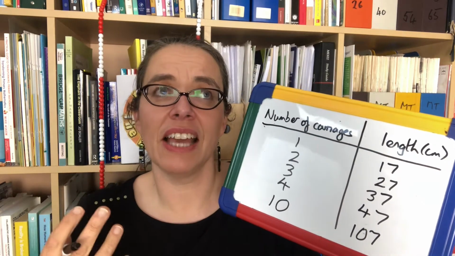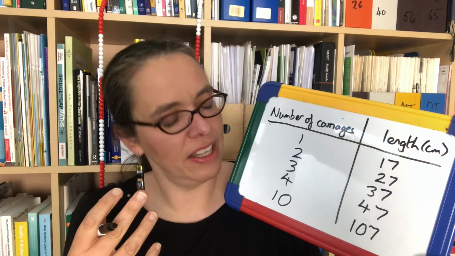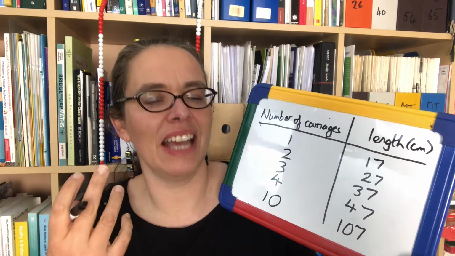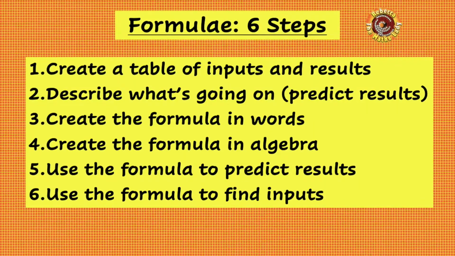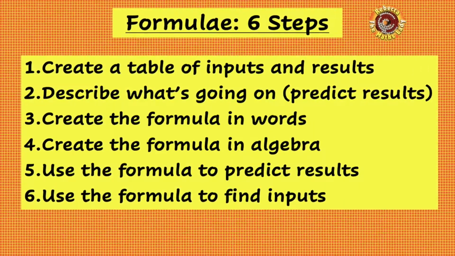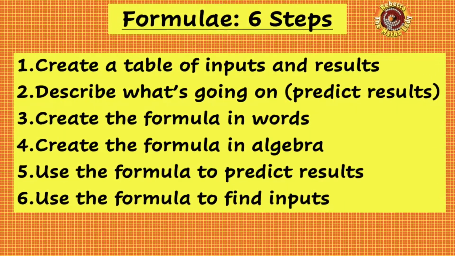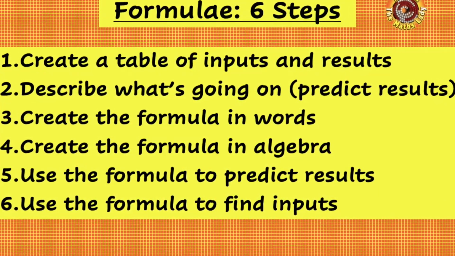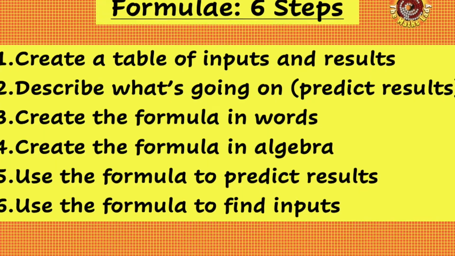And they're beginning to have a sense that you need to multiply the number of carriages by 10 and add 7. So step 3 would be to clearly write down that relationship in words: to find the length of a train, multiply the number of carriages by 10 and add 7.